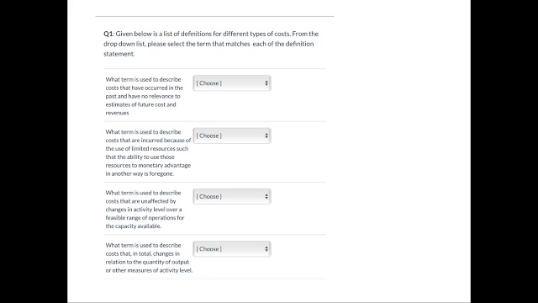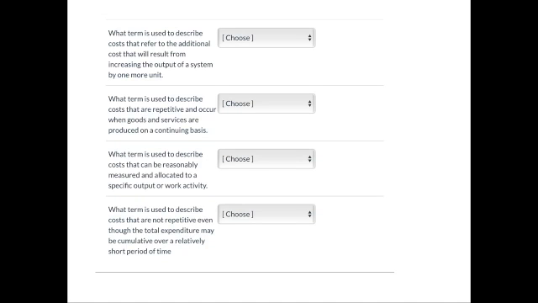This one is the first, this is the second, this is the third, this is the fourth, and I have more. This is the 5, 6, 7, 8. So I got 8 different descriptions about cost. Can you tell me what this description is about?